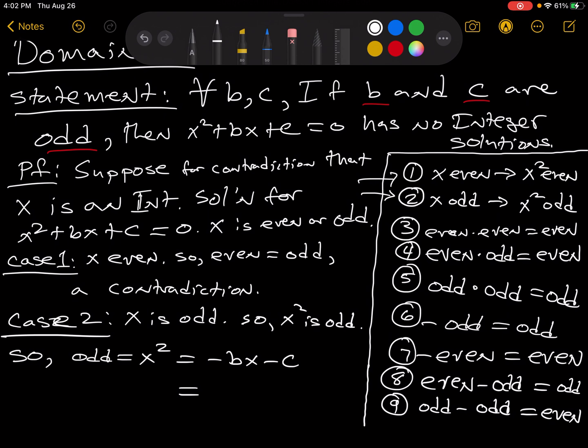Now x is odd. x is odd, right? This is odd, and negative b is odd. Right, so here we have 5, where we have an odd times an odd is an odd.